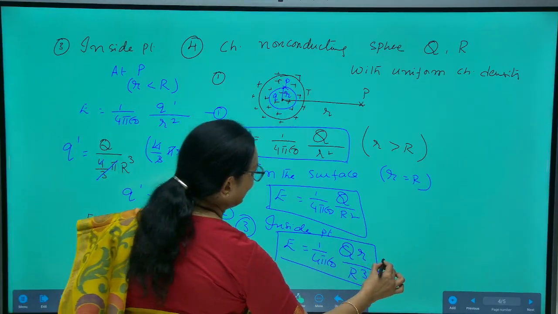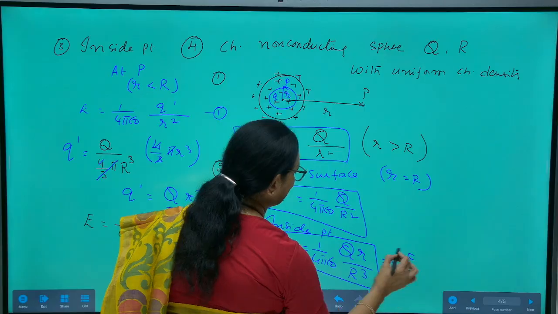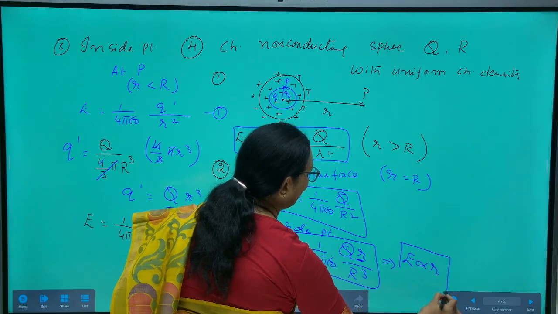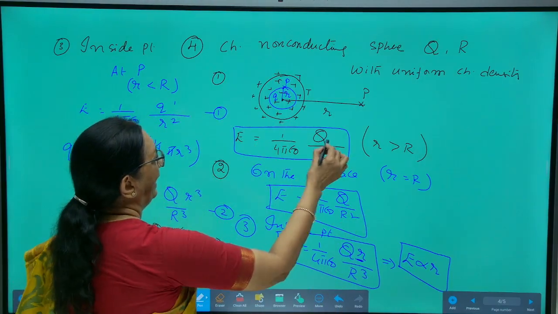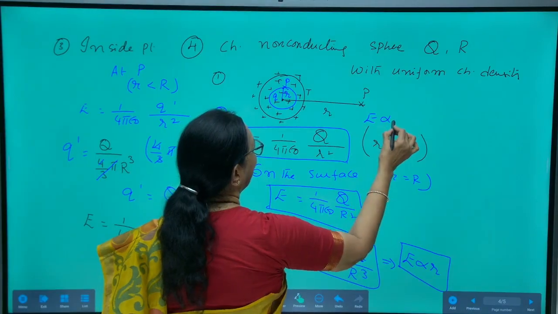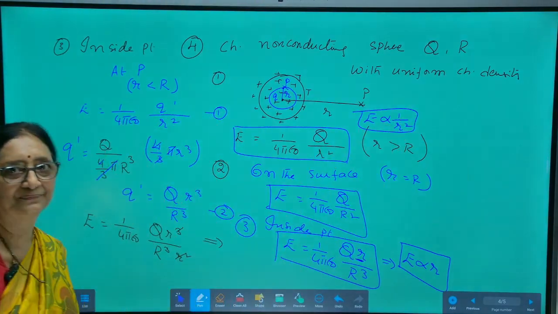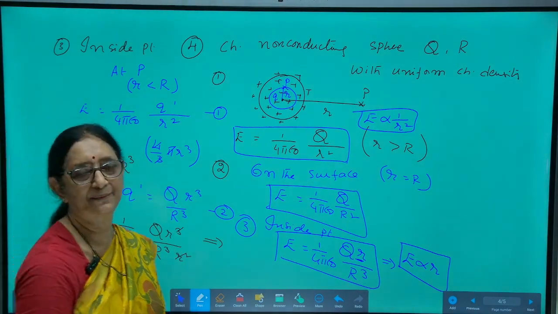Right? This implies at any inside point, electric field intensity is directly proportional to r, and at any outside point, E is inversely proportional to r square. Is it clear? It's very simple.